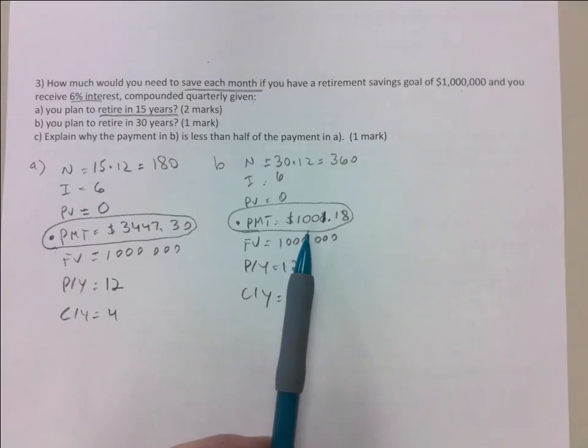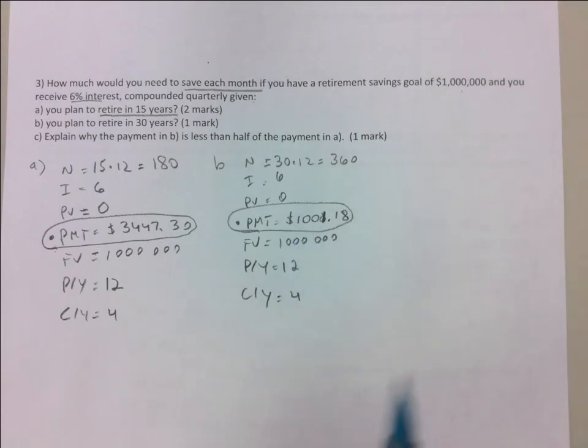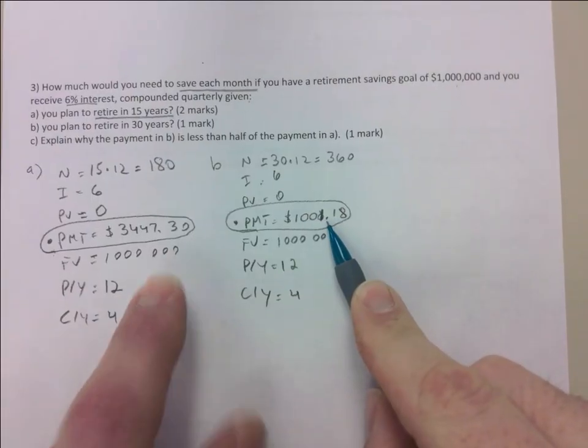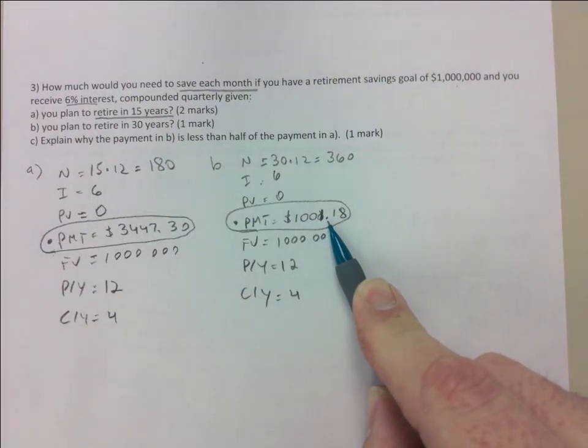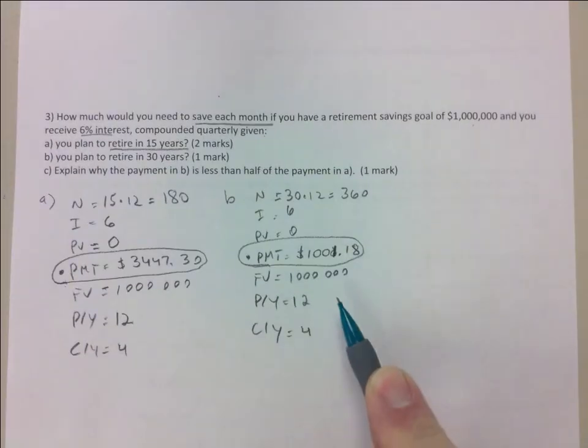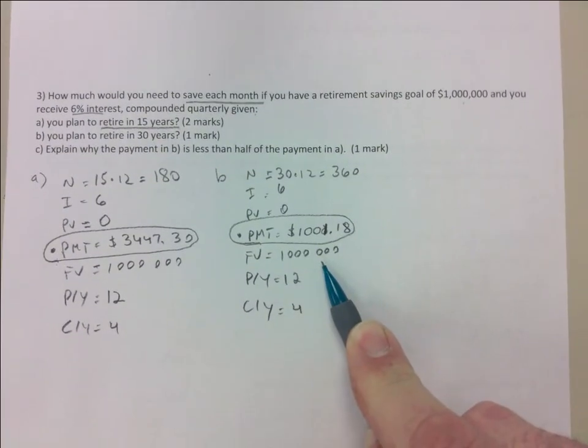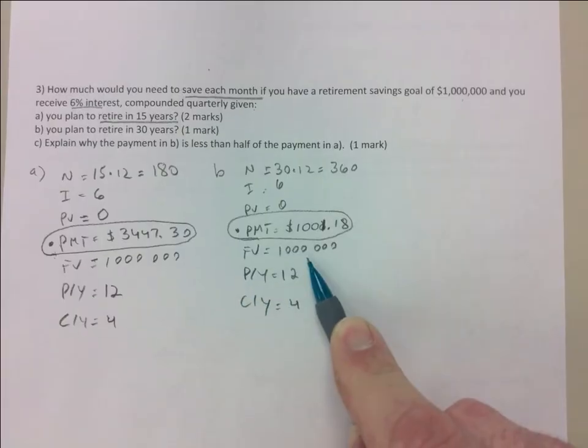It's less than a third to reach the exact same goal. So with B, you're putting way less in, right, from your own money to achieve the same goal. That's something I want you to remember.